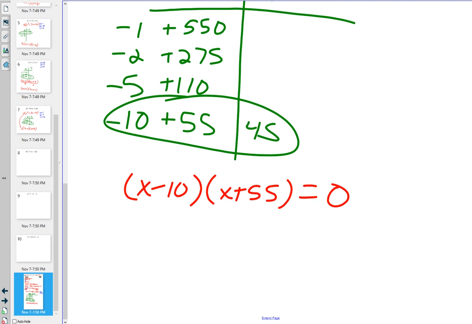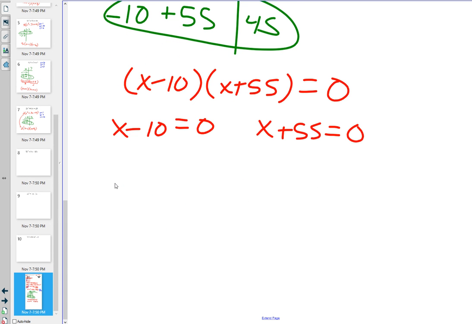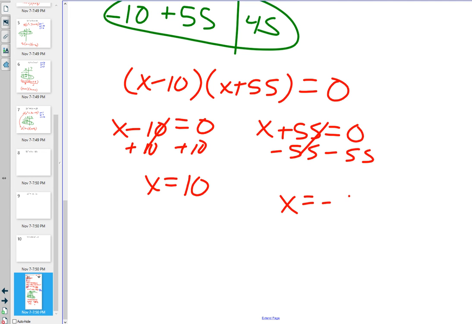Once I've factored, what are you supposed to do next? Make each factor equal to 0. x minus 10 equals 0, x plus 55 equals 0. Plus 10 and plus 10, x can be 10, or minus 55 and minus 55, x equals negative 55.